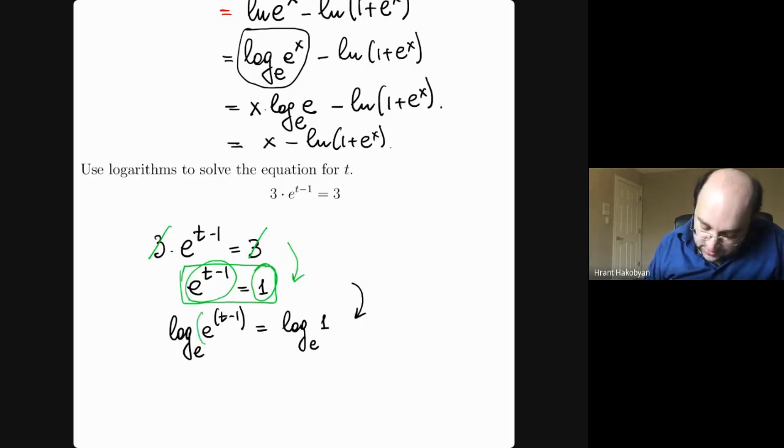I just write logarithm base e in front of both sides. This simplifies quite a lot, because this thing here is the same as just the power, so this is equal to t minus 1.